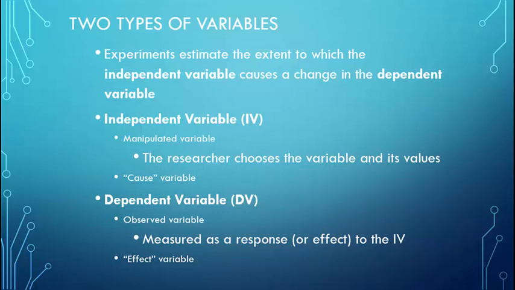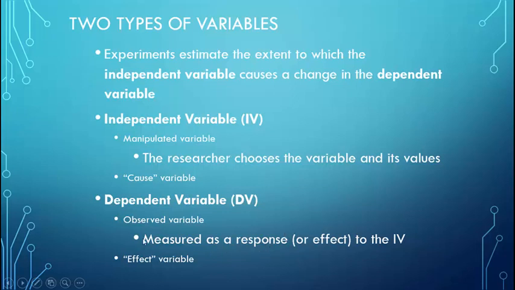Let me just give you the definition of dependent variable, or DV. The DV is the observed variable, it is the measured variable, and it's what we think is going to change after we manipulate the independent variable.